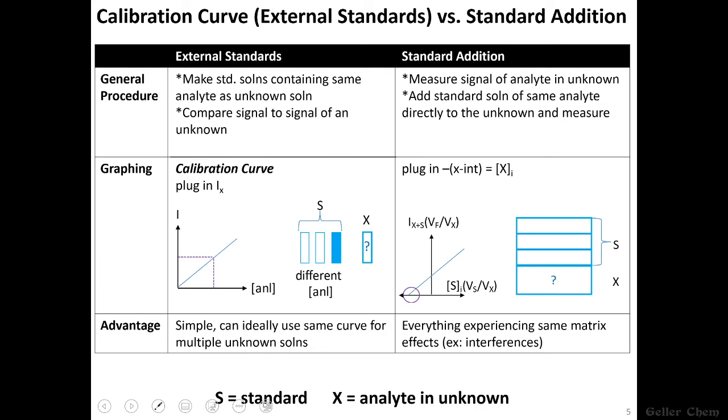However, for standard addition, where you have to directly mix the standard into the unknown you're studying, you cannot use the same graph. If you had 20 different unknowns, you're going to have to add standard over and over into all 20 of them, measure every single one of those additions, make a graph for every single unknown.